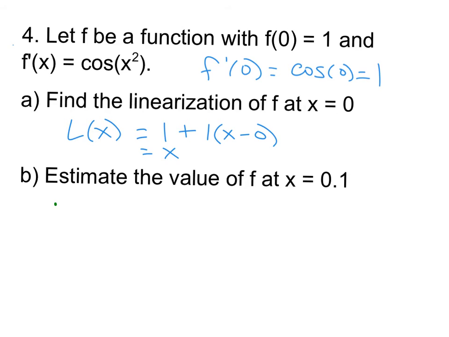So it's just x plus 1 is my linearization. So then I can estimate L of 0.1 is 0.1 plus 1, 1.1. Right? So that's my answer. And I don't even know what the original function is, so I can't check. I have no idea whose derivative is cosine of x squared.